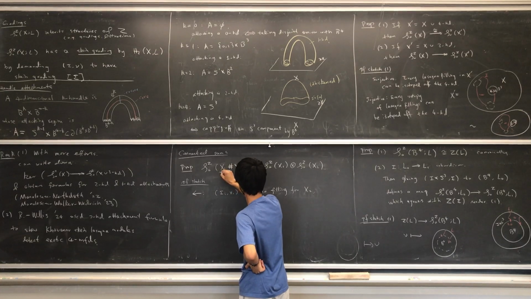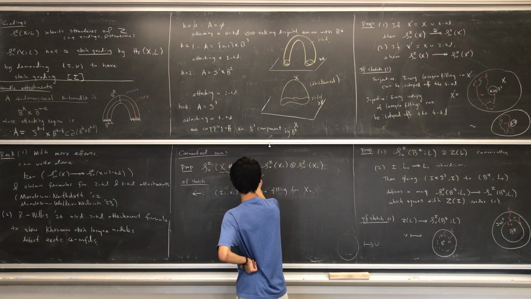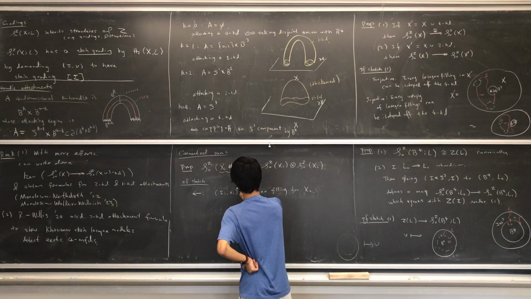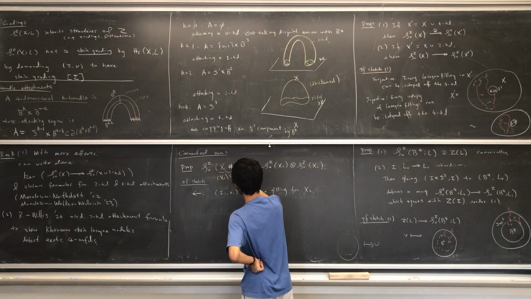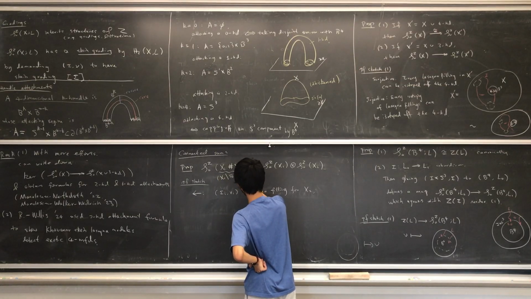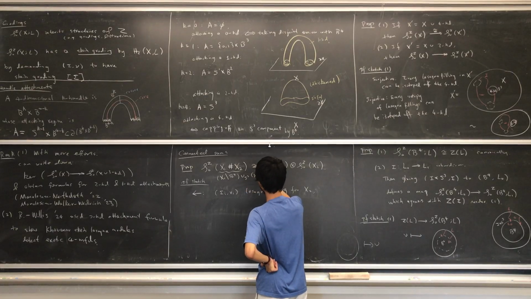Well, what is the connected sum? In formula, you delete the 4-ball outside X1, and you delete the 4-ball outside X2, and you glue them along the common three-sphere boundary.